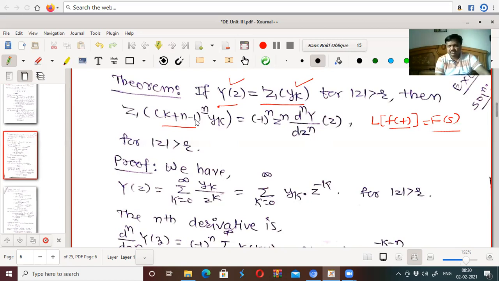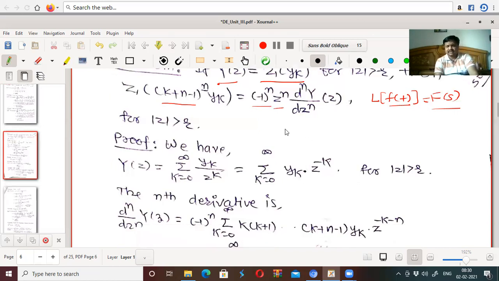For that, we take minus 1 to the power n into z to the power n into the nth derivative of capital Y of z, that is the derivative of Z transform, for mod z greater than r.